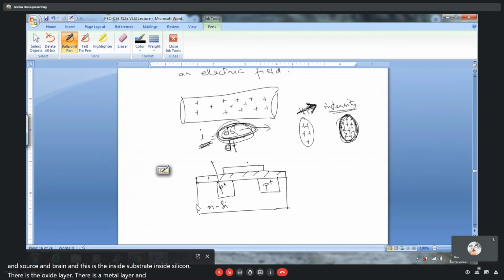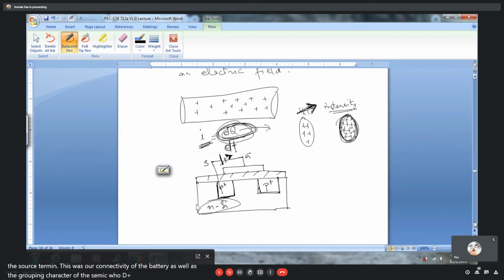And this source and drain potential was provided in this fashion. The negative electrode connected with the gate terminal and the positive electrode connected with the source terminal. This was our connectivity of the battery as well as the doping character of the semiconductor: two P plus regions and N-type substrate.